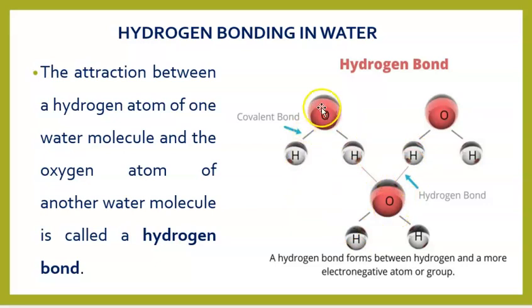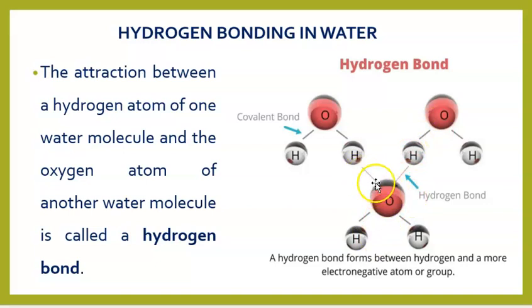But here, look, if the hydrogen and oxygen is in the same water molecule, we do not say it's a hydrogen bond. It's a covalent bond. So for the hydrogen bond to form, it should form between hydrogen of one water molecule and the oxygen of the other water molecule, not in the same water molecule.